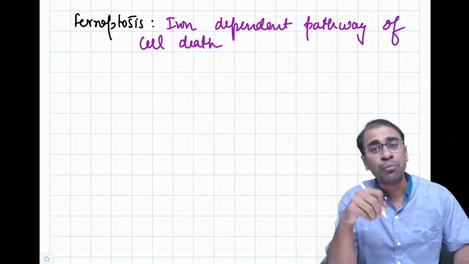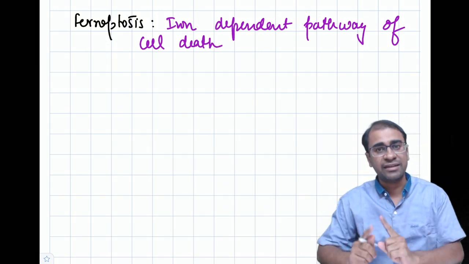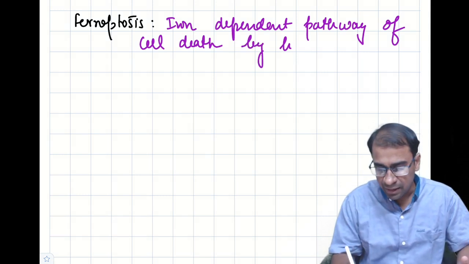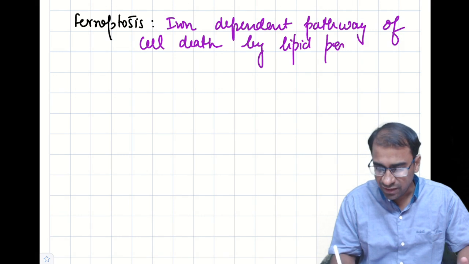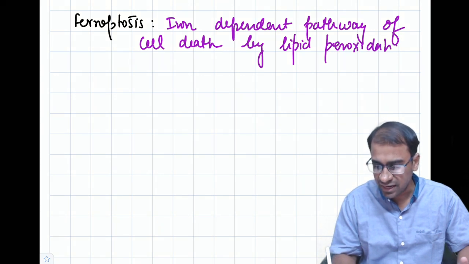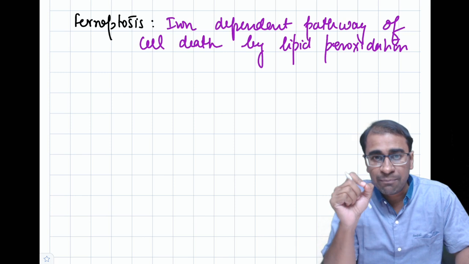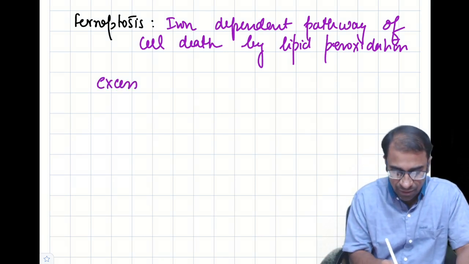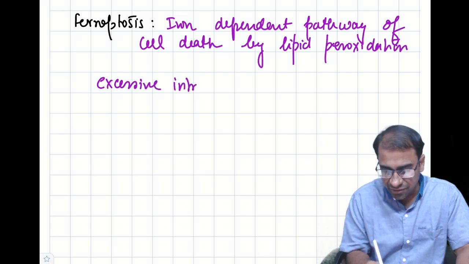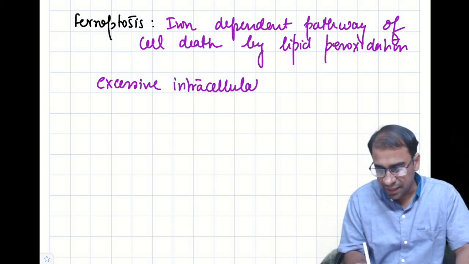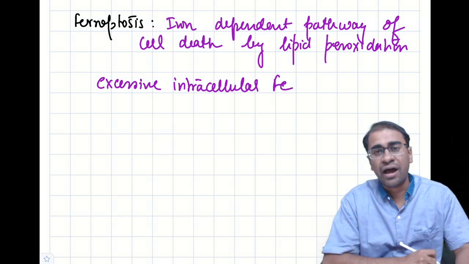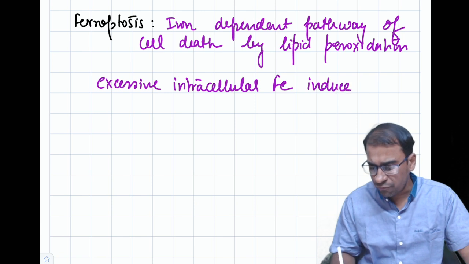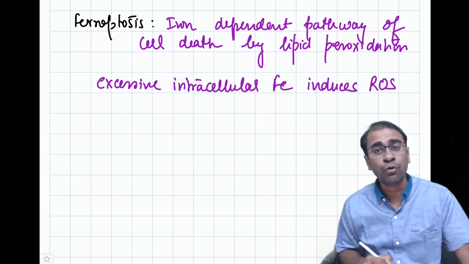The basic thing you must understand is that yes, it is iron induced cell death, but the basic mechanism is lipid peroxidation. When you understand lipid peroxidation, you will understand that it leads to cell membrane or plasma membrane damage. Remember this: excessive intracellular iron, which I'm writing as Fe, induces a large number of reactive oxygen species called ROS.